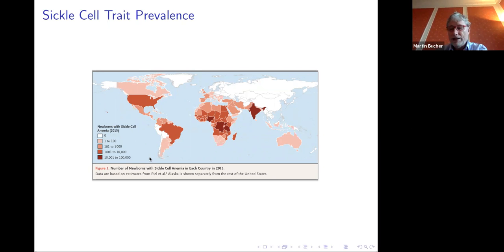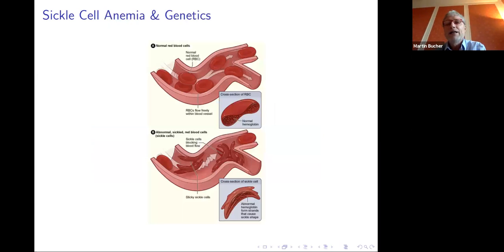So hemoglobin is made up of several proteins, but there is the normal protein that is one of the components, and then with a mutation, there's the sickle cell version.